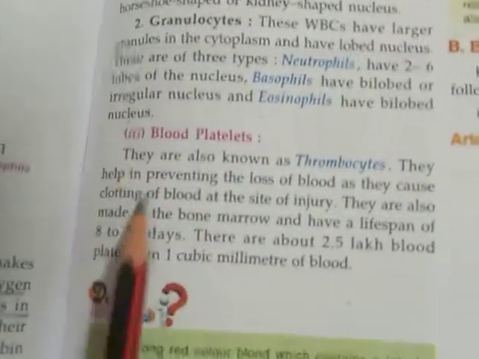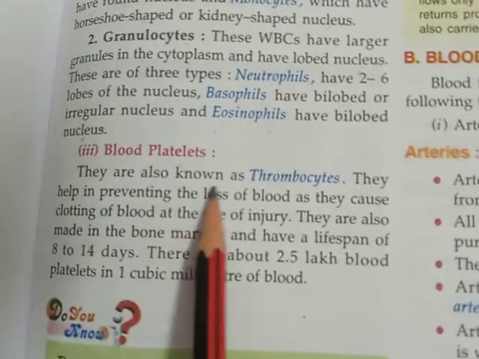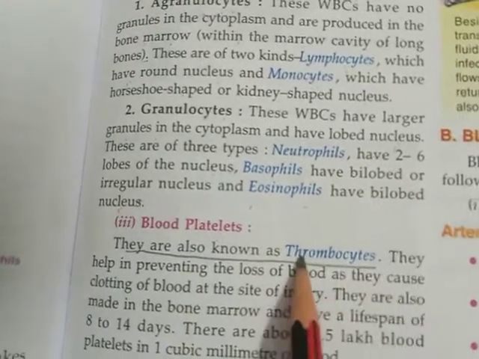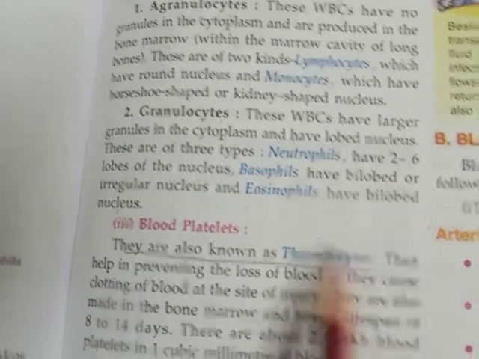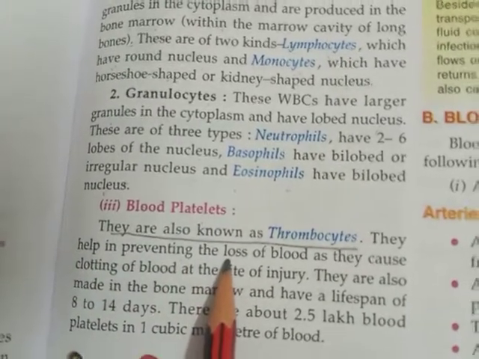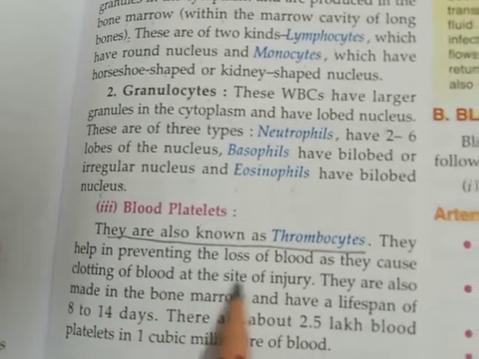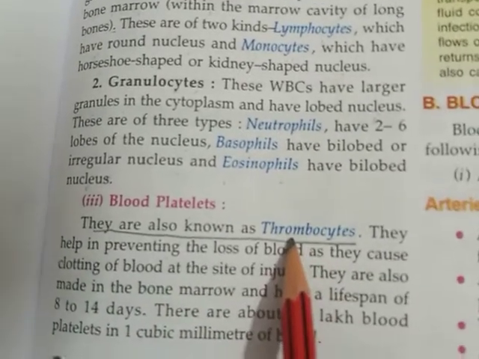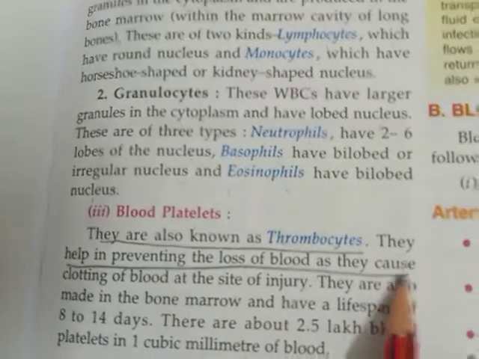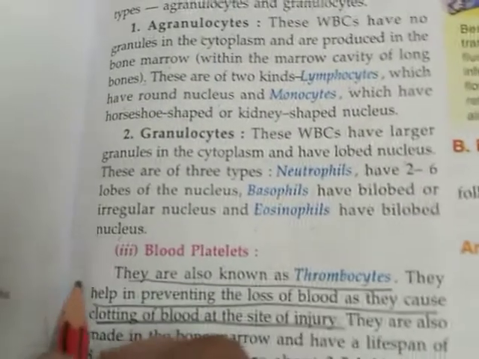Now about blood platelets. They are also known as thrombocytes. So underline this, children, thrombocytes. Thrombocyte is the biological term for the blood platelets. They help in preventing the loss of blood as they cause clotting of blood at the site of injury.